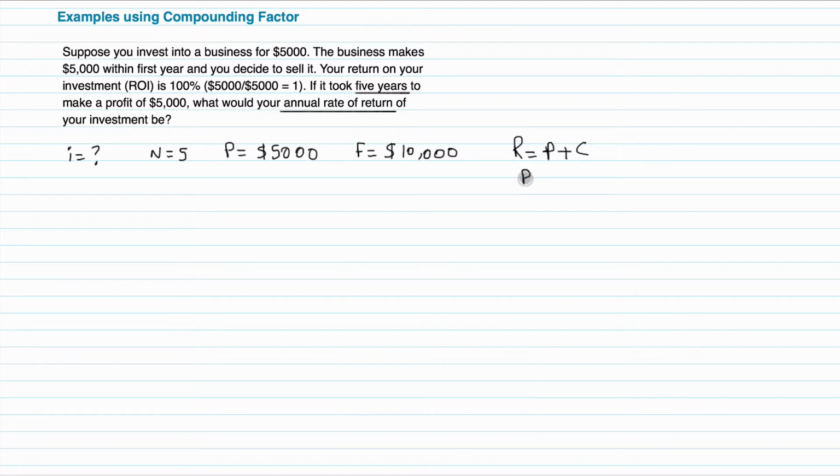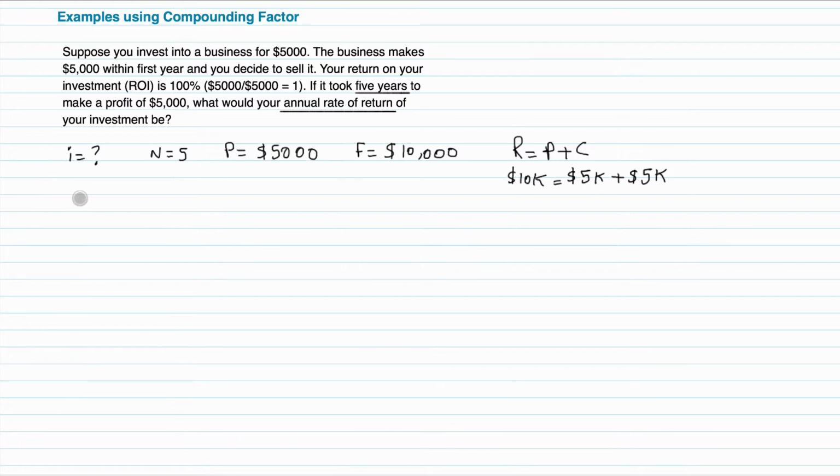Because it's 10K and our profit is 5K, our investment, which is our cost, is also another 5K. Therefore, our future worth is $10,000 in 5 years. Present is $5,000. What is I?